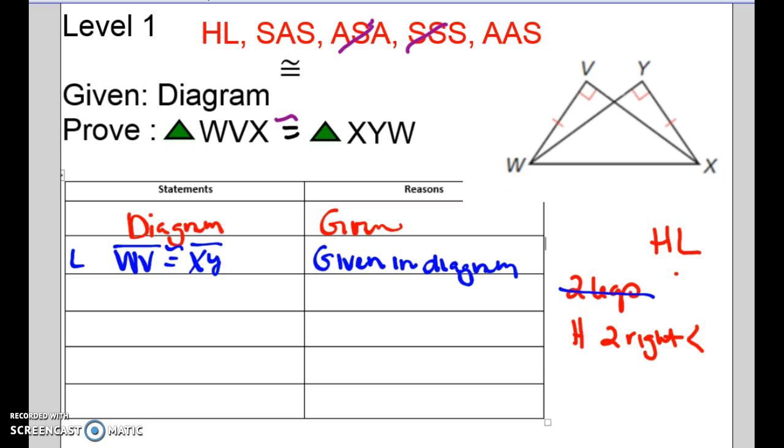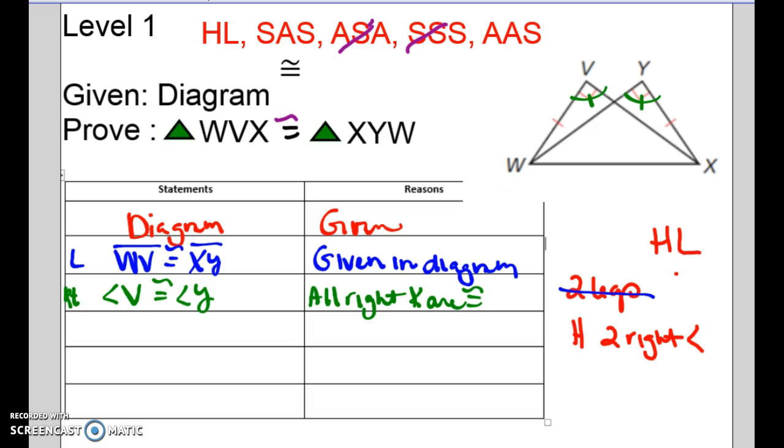Now I need to show that my angles are congruent. So what I have is angle V is congruent to angle Y. They're both right angles. So this is my right angle statement, and they're equal to each other because all right angles are congruent.